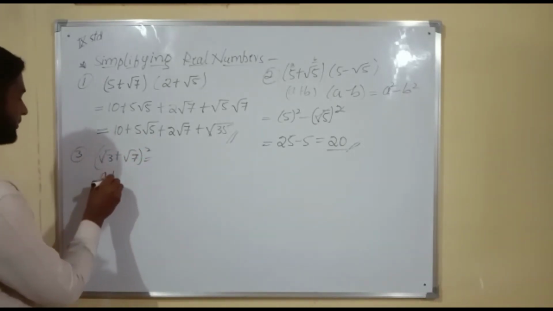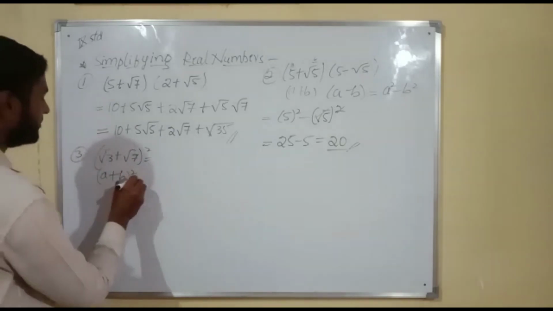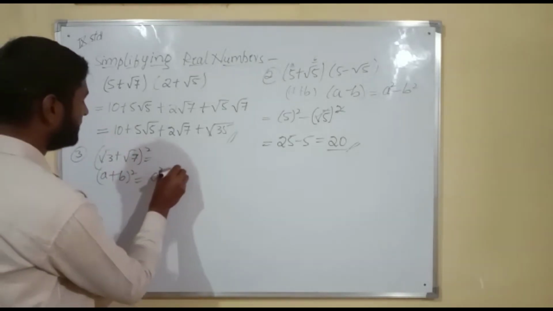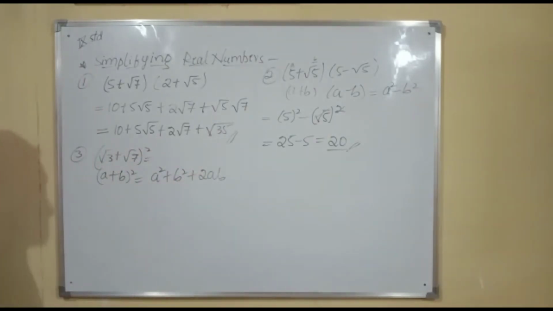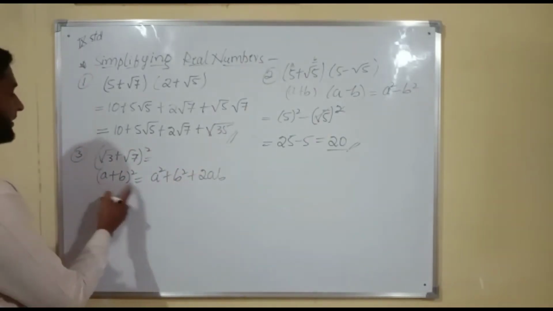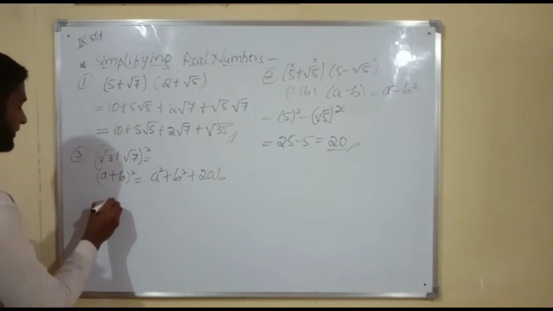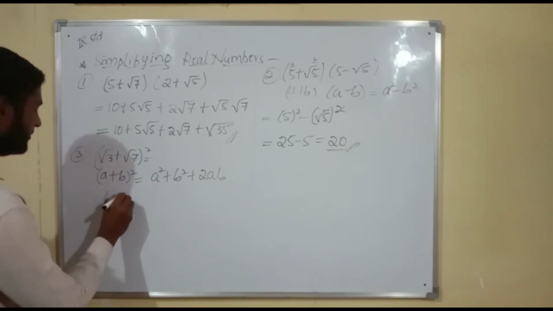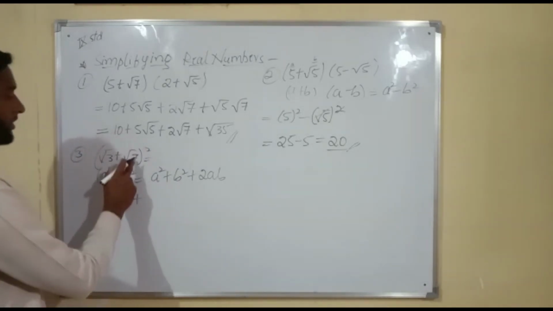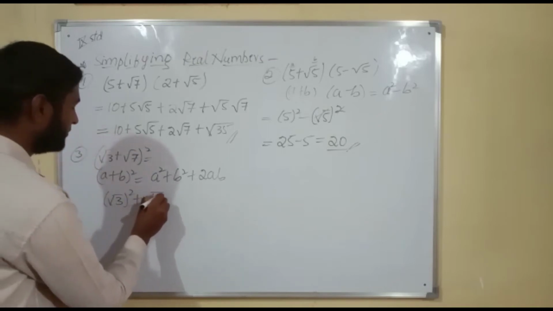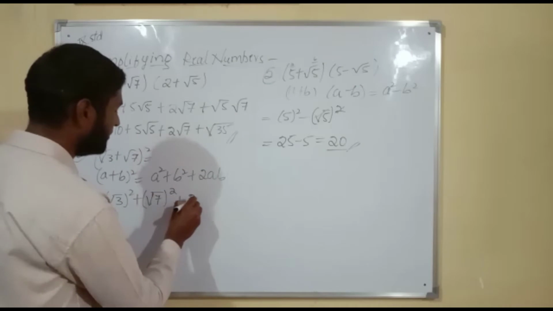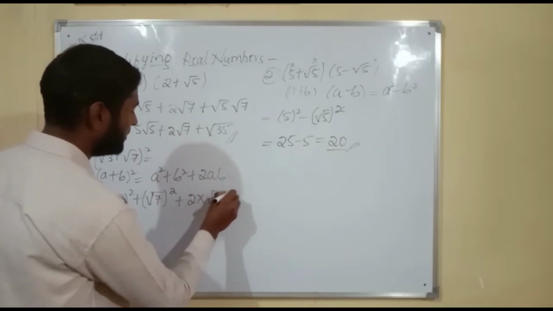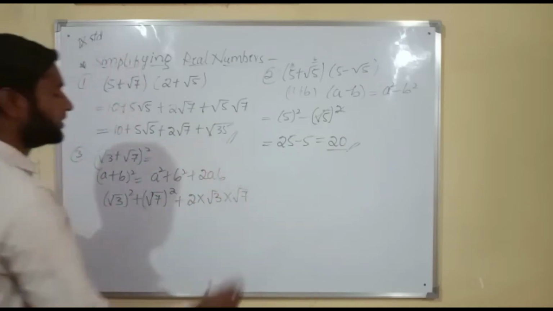A plus b whole square is nothing but a square plus b square plus 2ab. What do you mean by a square here? A means root 3 whole square, plus b square is root 7 whole square, plus 2 into ab means root 3 into root 7.